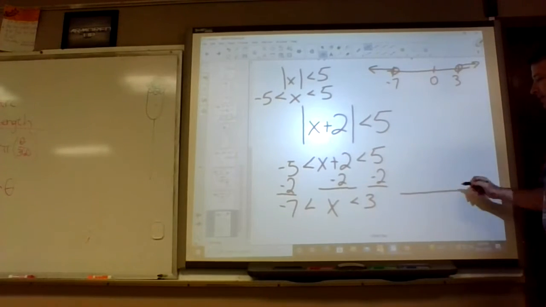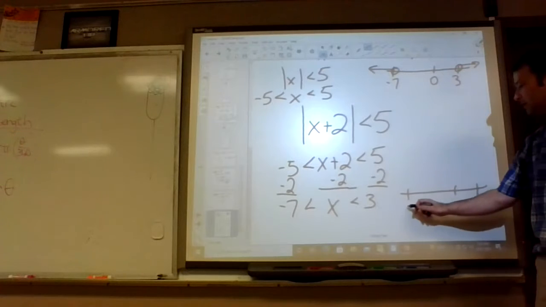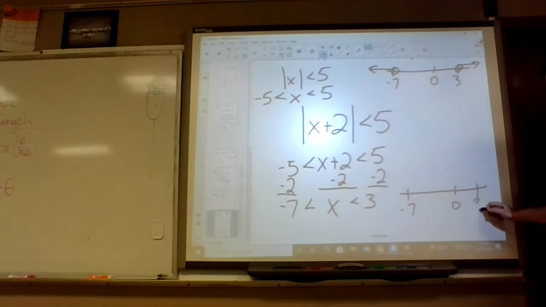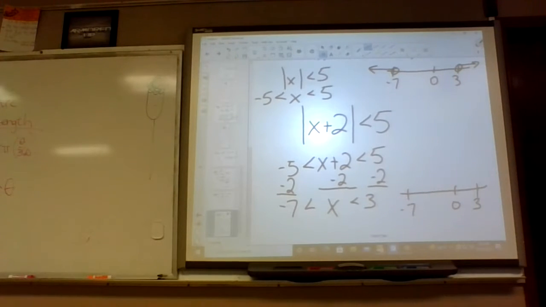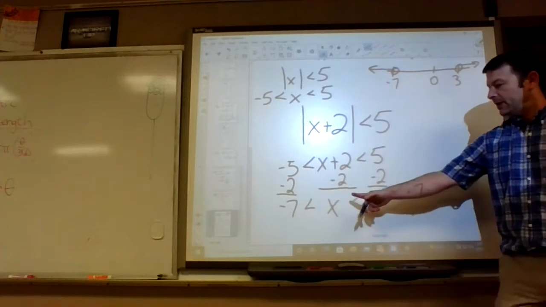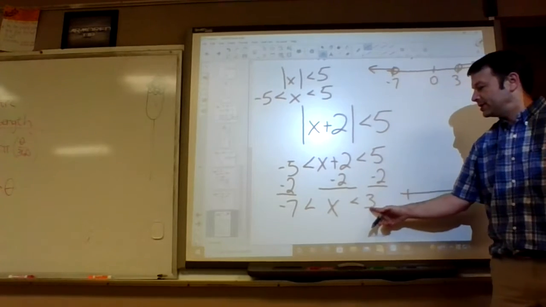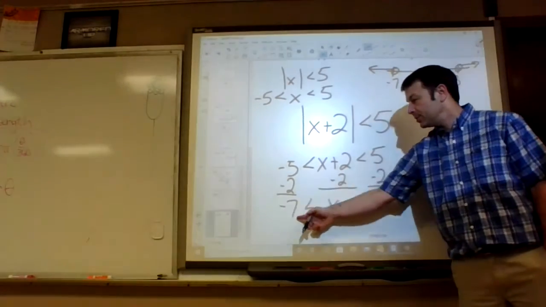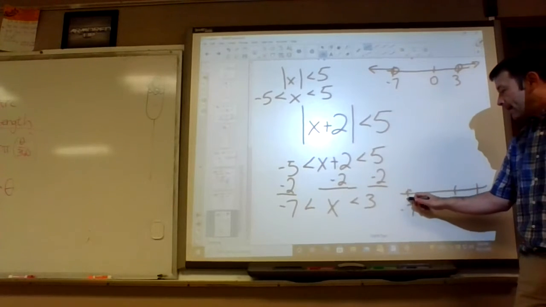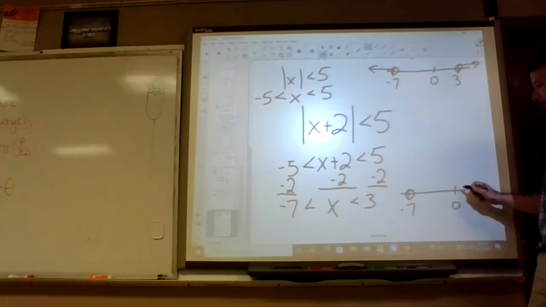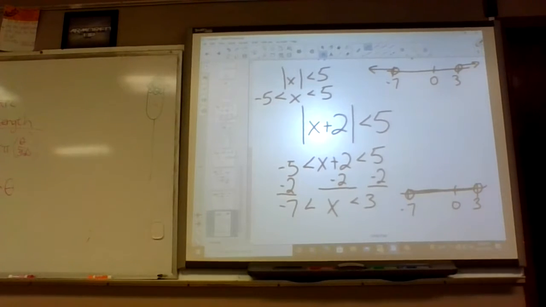You guys know what that graph looks like? It looks like x is bigger than negative 7 and less than 3. This is really an and statement, even though we didn't write and in there. Because x is everything between those two.